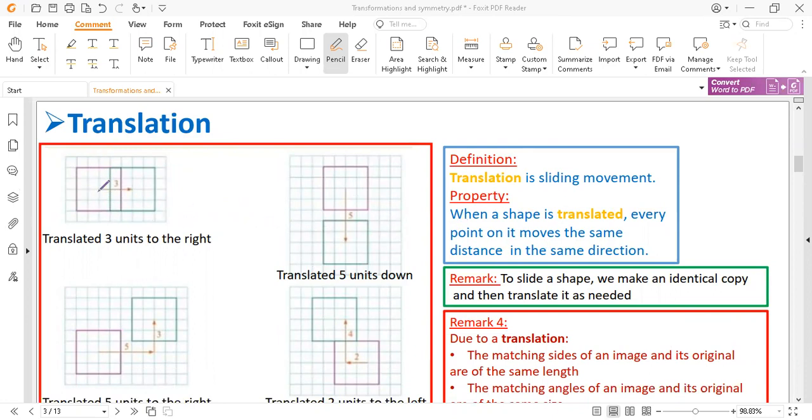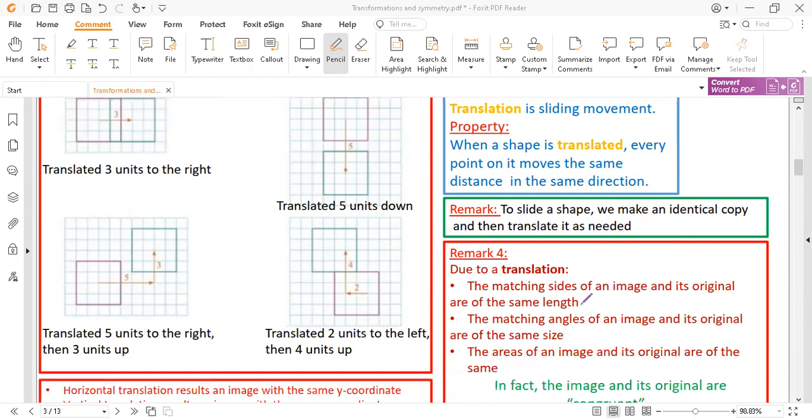So we move the same distance to obtain the image, the green one from the purple one, in the same direction, same distance, same movement. To slide the shape, we make an identical copy.